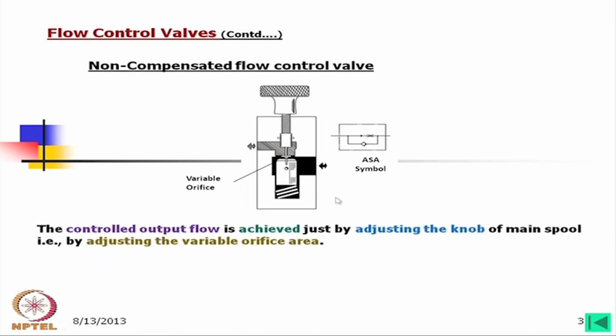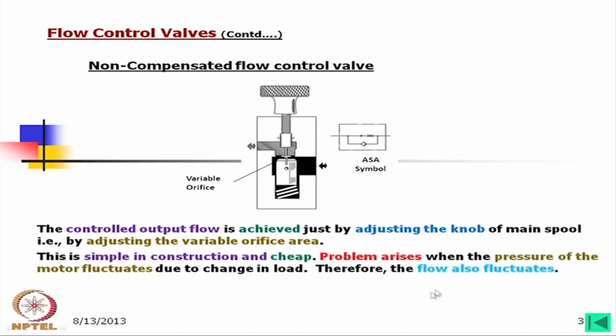Now, the controlled output flow is achieved just by adjusting the knob, which I have described, on the main spool by adjusting the variable orifice area. This is simple in construction and cheap. Problem arises when the pressure of the motor fluctuates due to change in load.